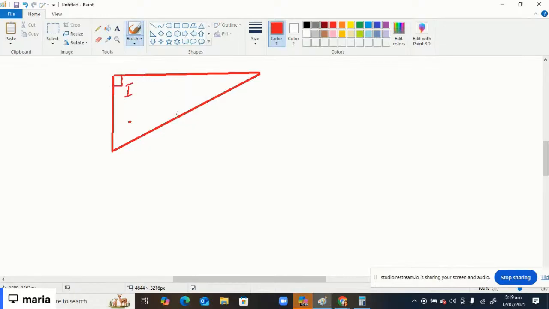This is your hypotenuse, and in front of hypotenuse this is opposite, and that is adjacent. Let's write it. This is 8, 15, and 17. This is your I, that is angle. This is J, and that is H.